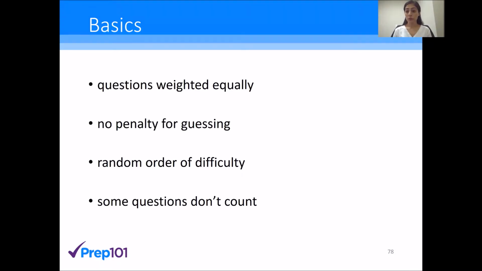Even though you may not know the answer to the question, by selecting one of those answer options, you've given yourself a chance to be able to get that question correct. So you should never be leaving a question blank, considering that there's no penalty for incorrect answers. You should always take a guess.